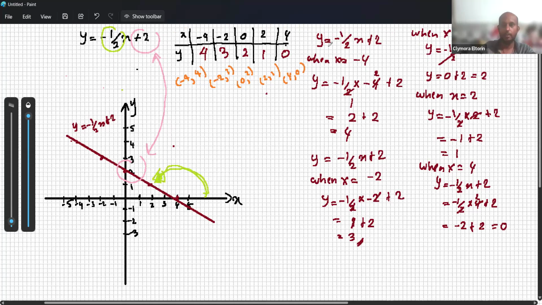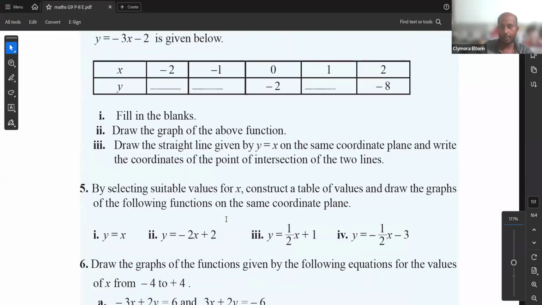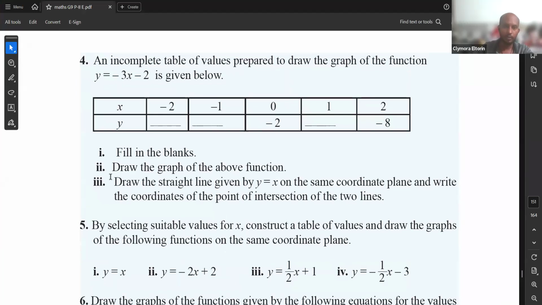Then after that, I'll give you a task. Those who finish copying this one can try that question in the textbook. Try this one as homework.